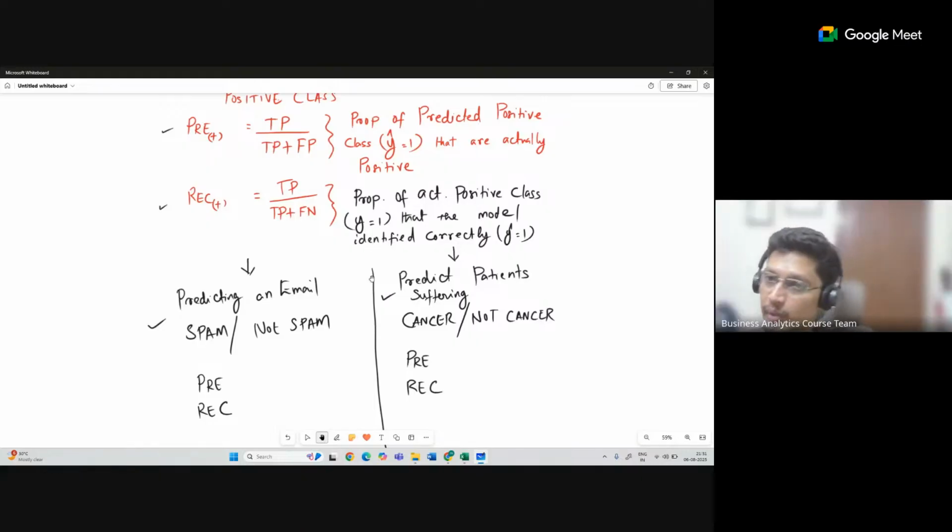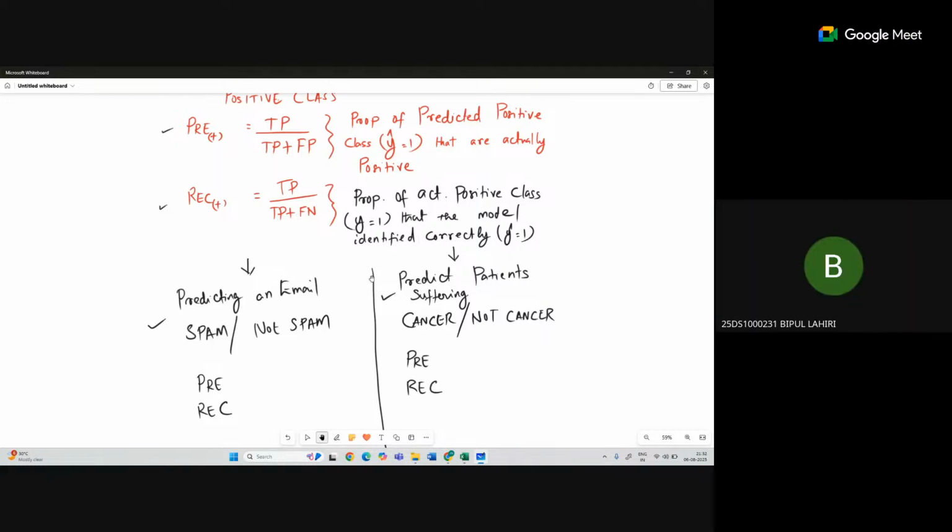Okay, so can you rephrase it? You're almost there, 99% correct. What is your model telling for false negative? Cancer or not cancer?